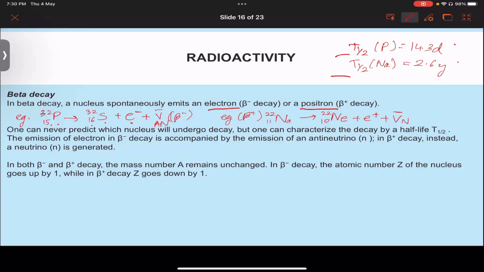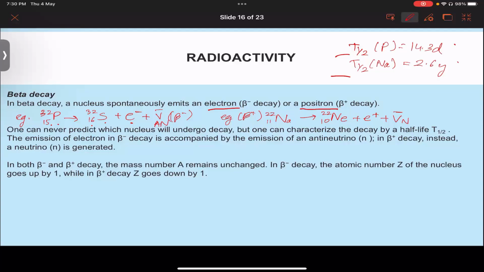So the number of electrons that go out is the number of excess protons that you have. In the beta negative decay, your Z is going to increase by 1 from the parent to the daughter, whereas in a positive beta decay, your Z is going to decrease by 1.